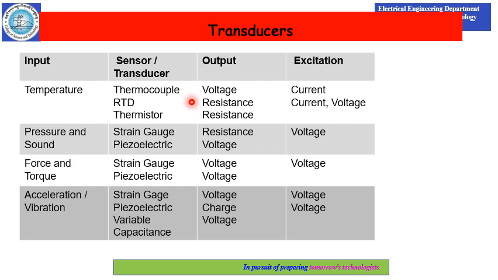The second group of transducers we're going to look at is the strain gauge and piezoelectric transducers. These two transducers accept pressure and sound as input. In the case of a strain gauge, the change in pressure and sound will create some sort of voltage, and that voltage will then be output in the form of resistance by the strain gauge.